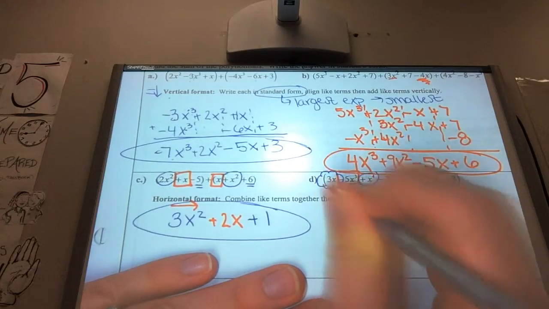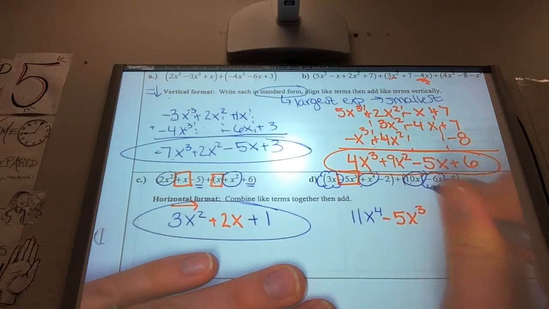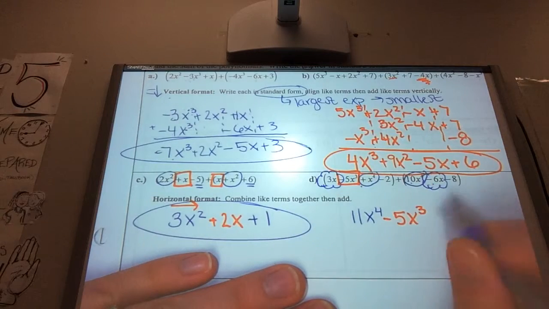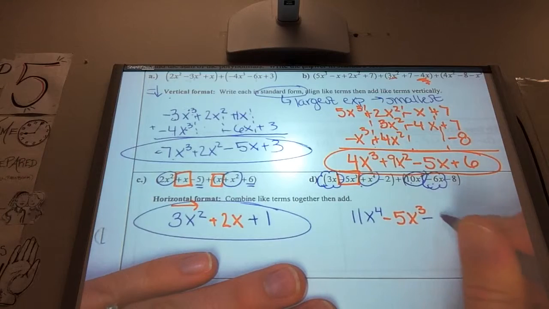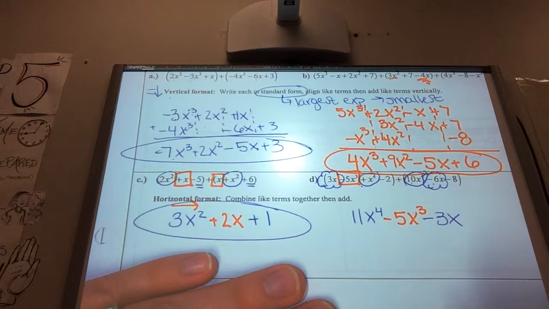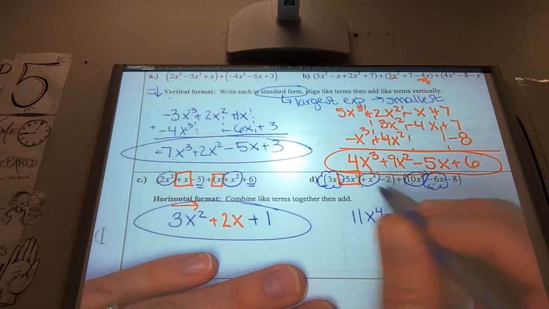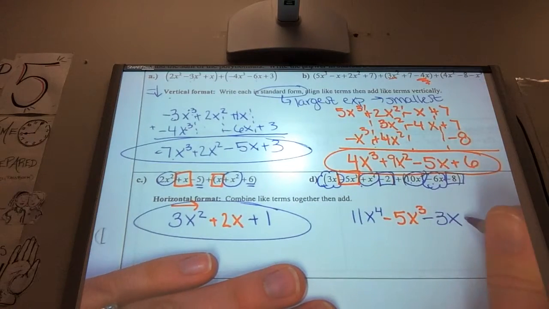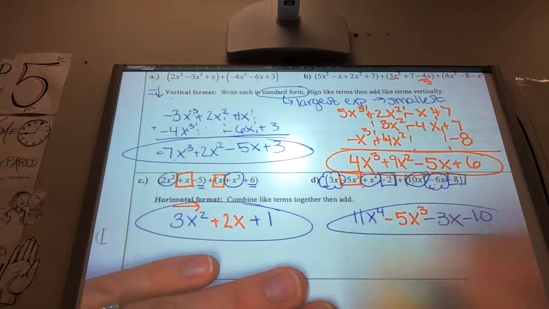Yeah, I see +3x and -6x. So if I have 3 minus 6, what do I have? And then I have some constant terms. I have -2, -8, so I have -10.